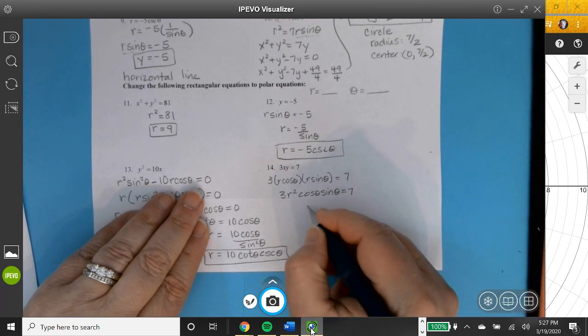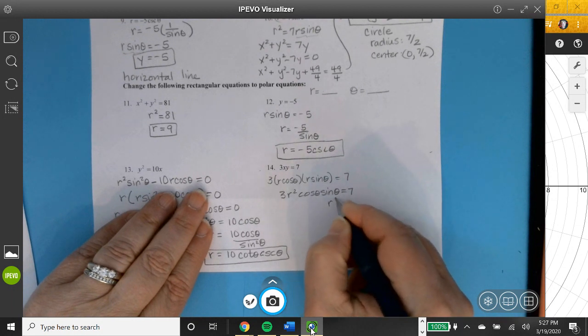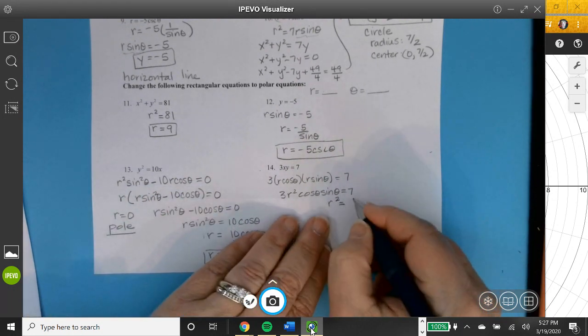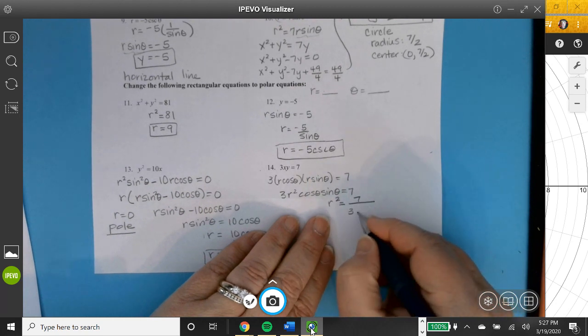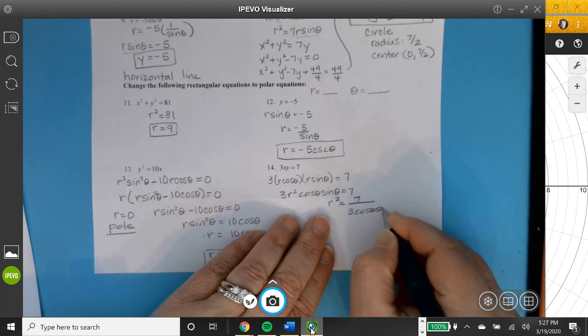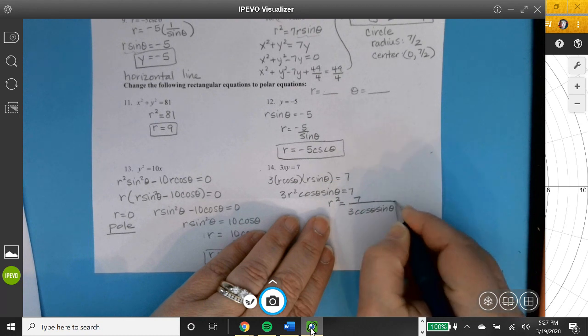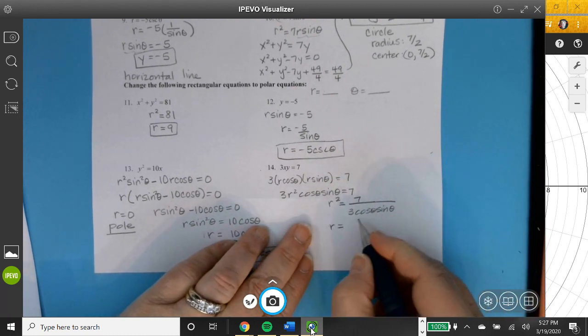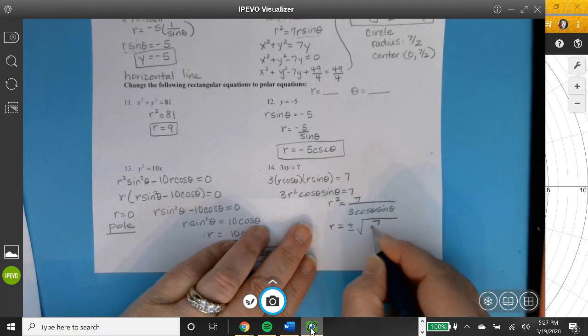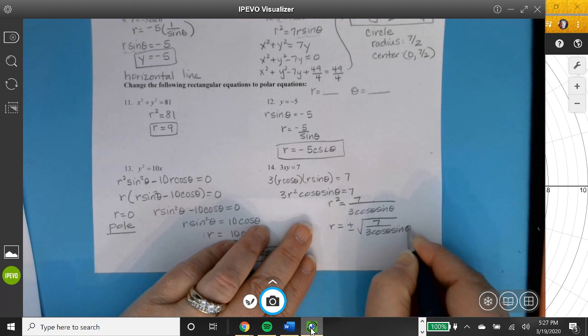I'm going to say r squared equals 7 over 3 cosine theta sine theta. Okay, and then r equals plus or minus the square root of 7 over 3 cosine theta sine theta.